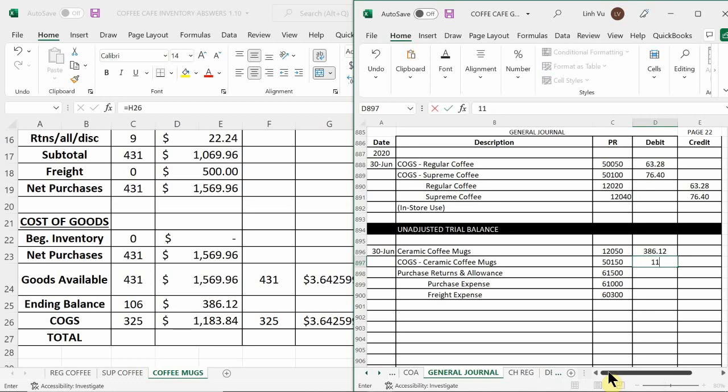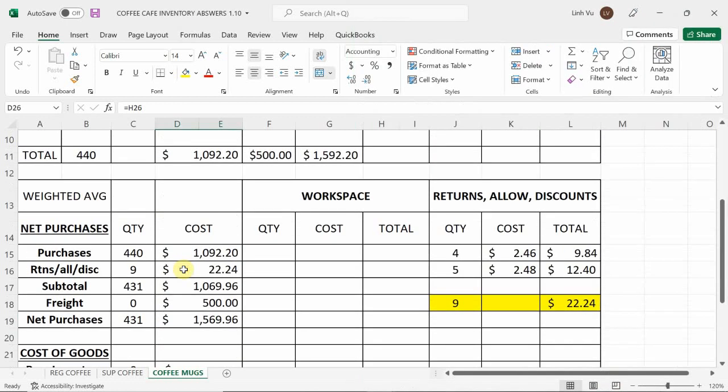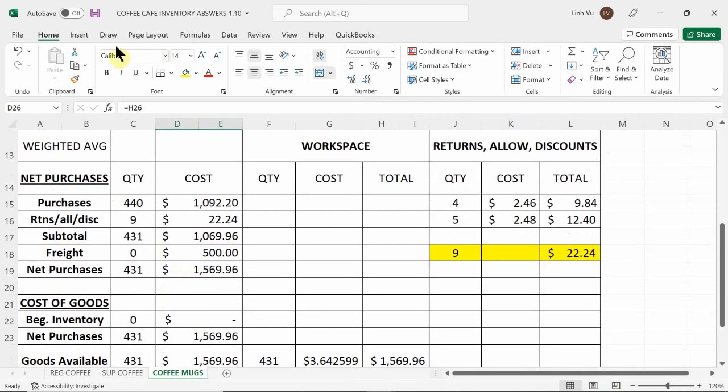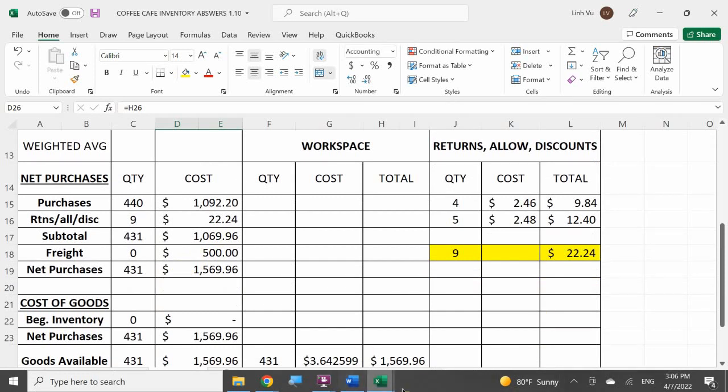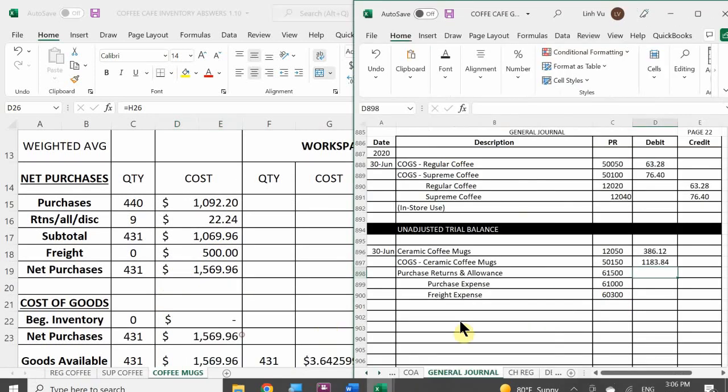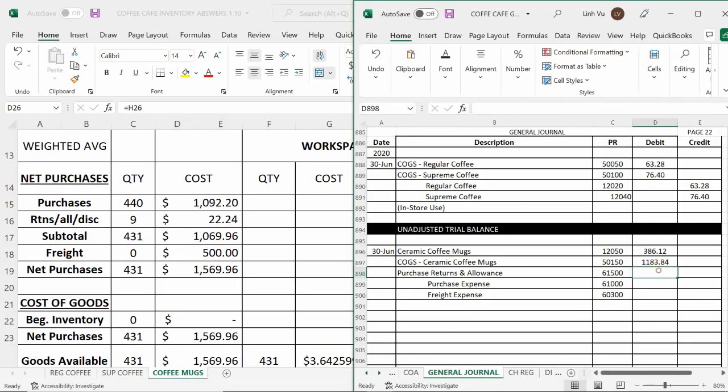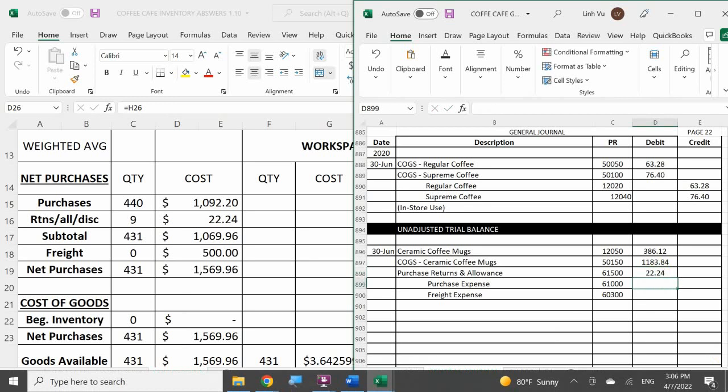The 1183.84. Good. My purchase returns and allowances, what was the total amount of that? $22.24. Okay. What was my total purchases?